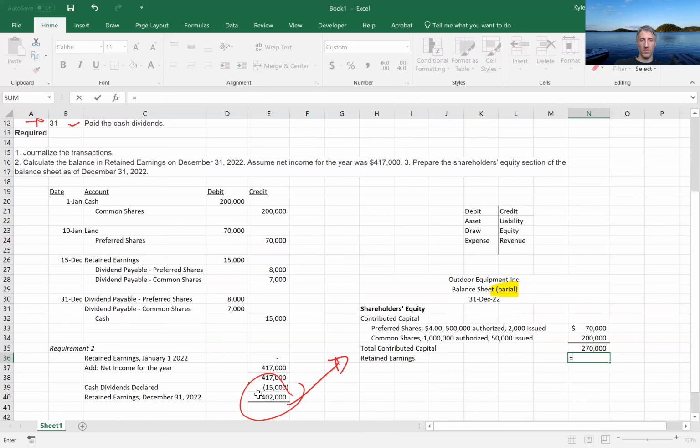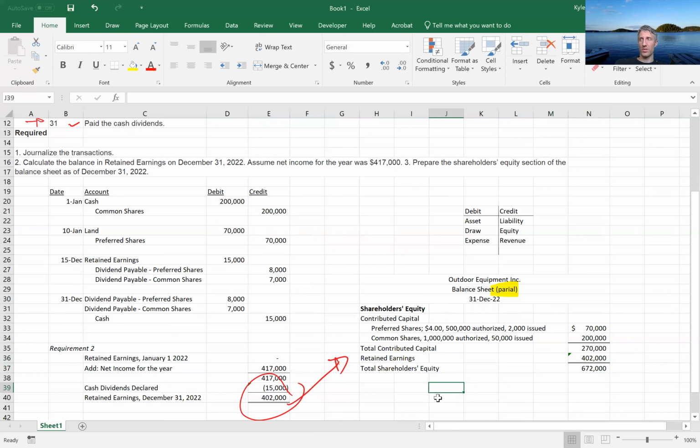So it just equals 402,000. Those two added together is going to give me total shareholders' equity, 672,000. And then I should, of course, be double underlining my final number. And I can do a better job than that.